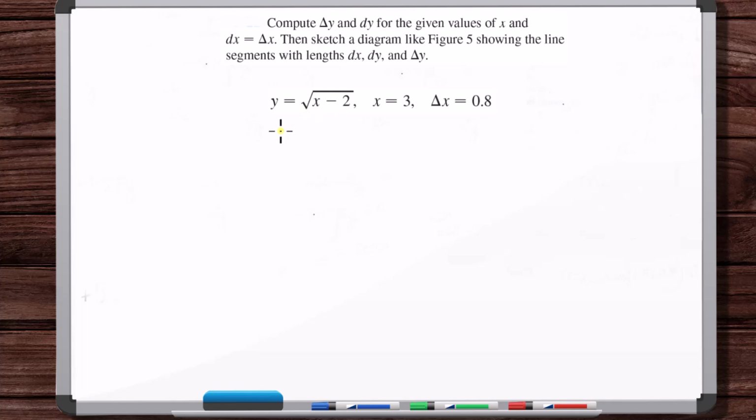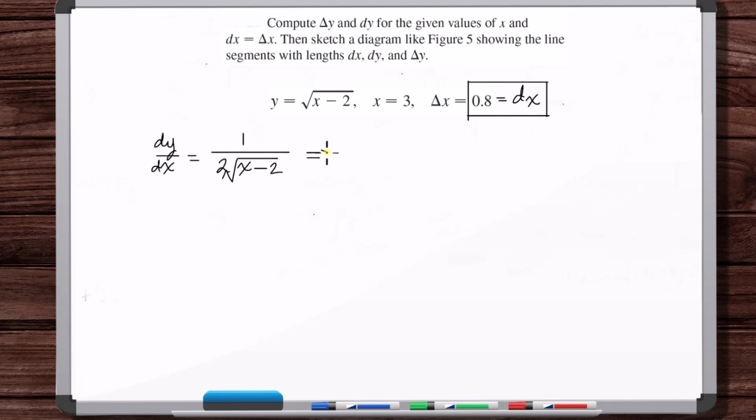Okay, same problem. What is dx? What is the differential dy? The formula for dy is dy equals f prime of x times dx.